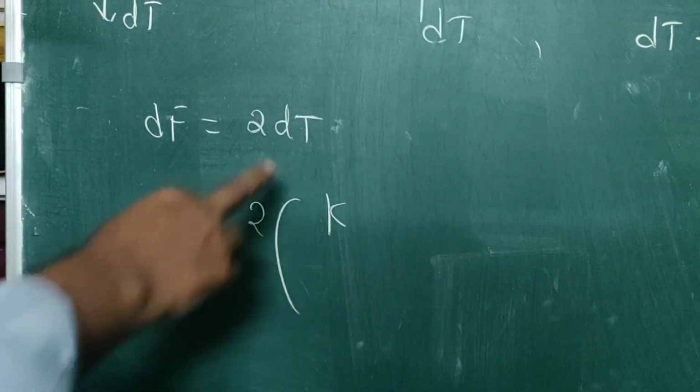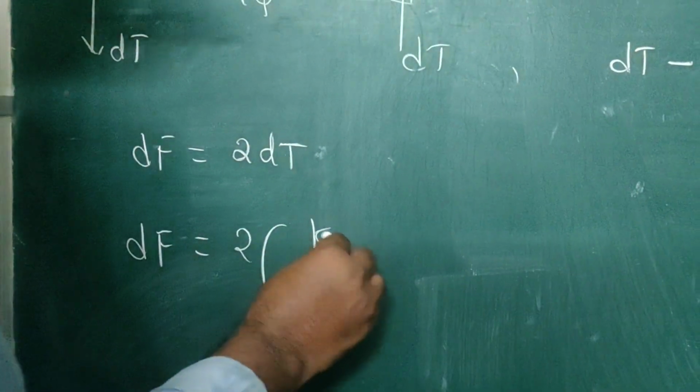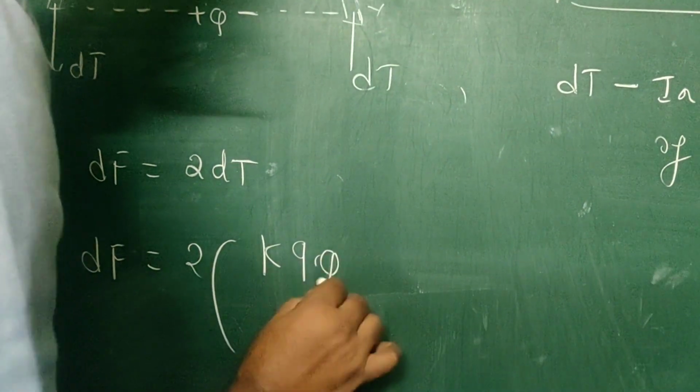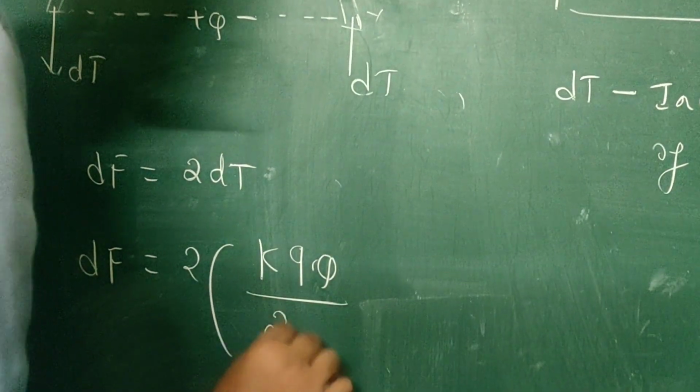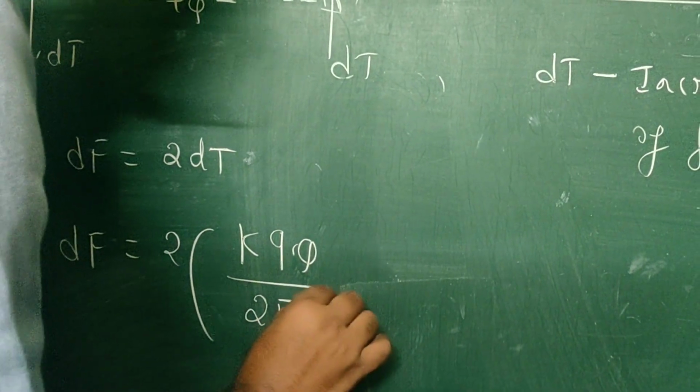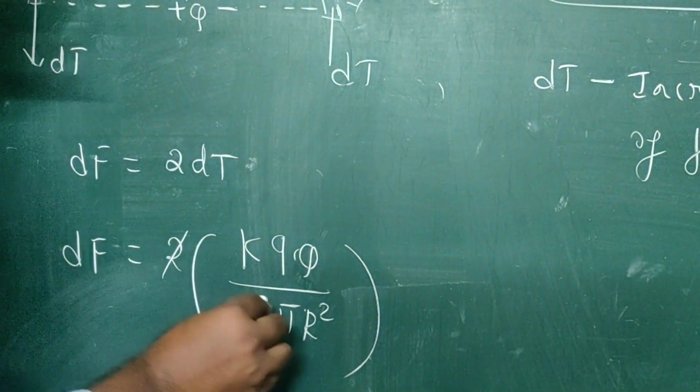Now I can take the value of dT from equation number 4. What is that? You can cancel this term.